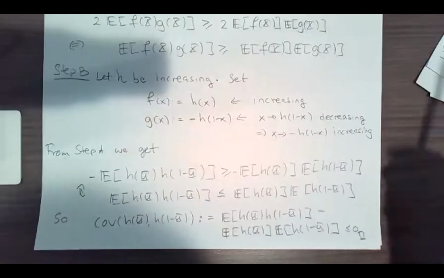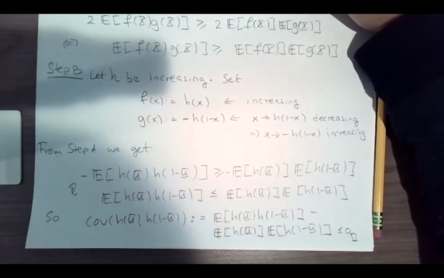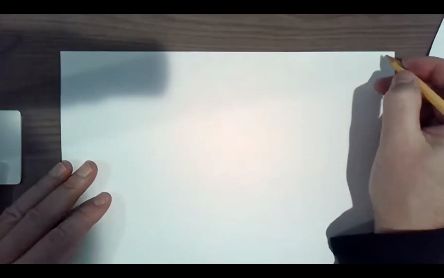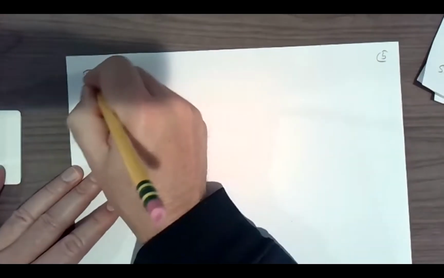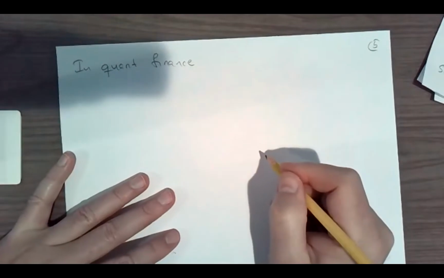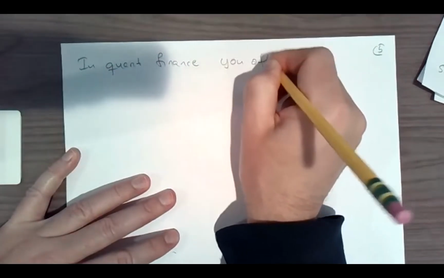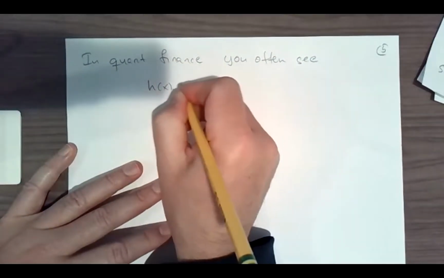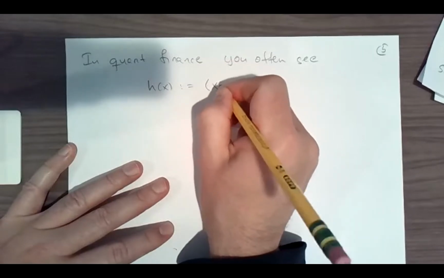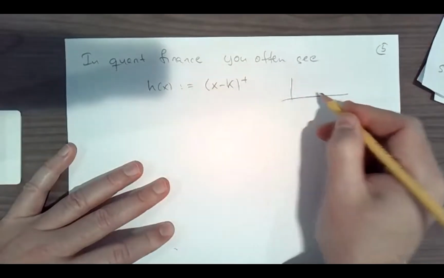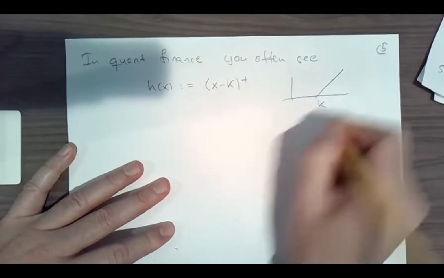Looking at the examples that we're going to be encountering in math finance, in quant finance, you often see h of x is either x minus K positive part, so that's the call option, which is definitely going to be monotone.